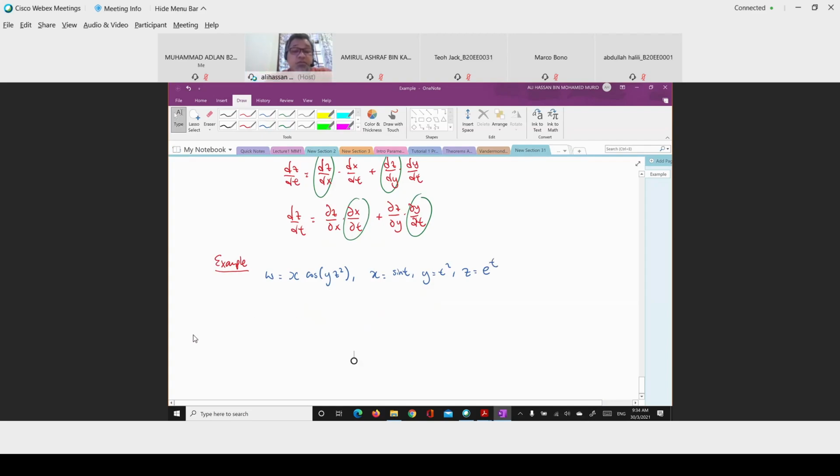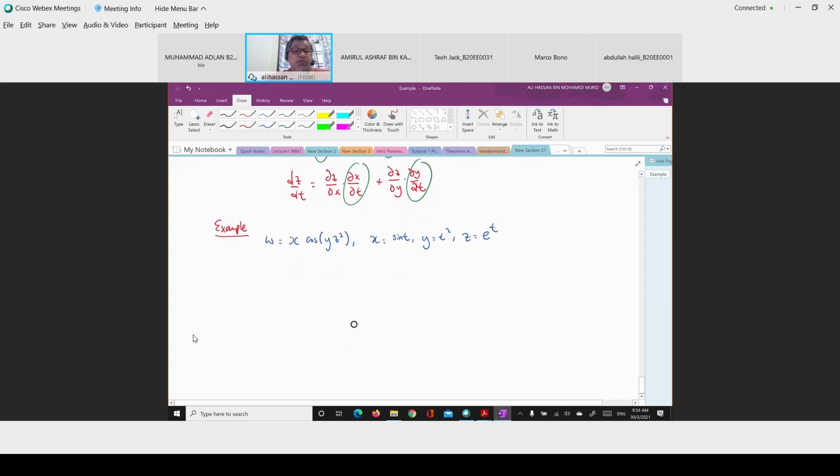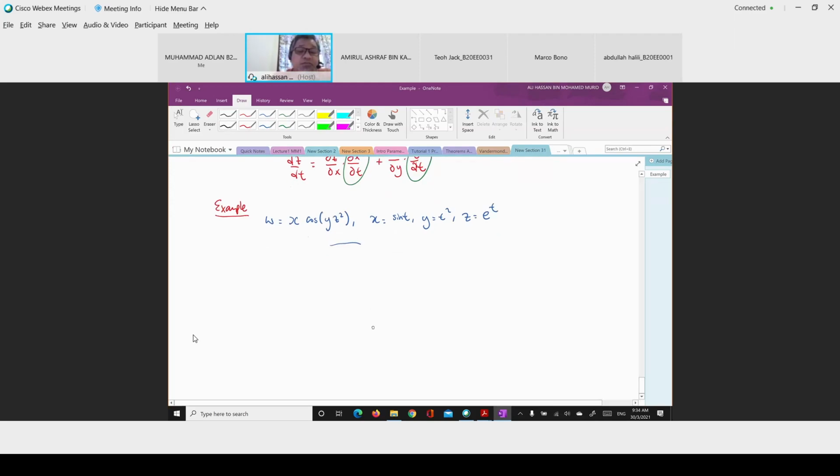So w is a function of three variables x, y, z, where x, y, z are in turn functions of t. So w as a whole is a function of t.